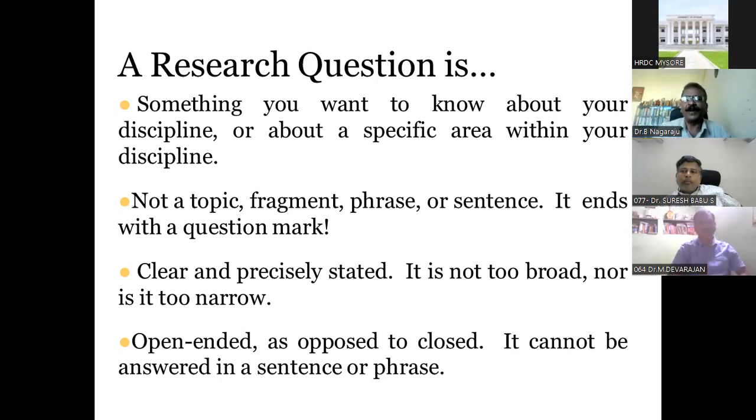It should be open-ended as opposed to closed. It cannot be answered in a sentence or phrase. Hope you are understanding and accept it. When you develop any research question, it should have a broader meaning, not a yes or no answer. It should have some information.